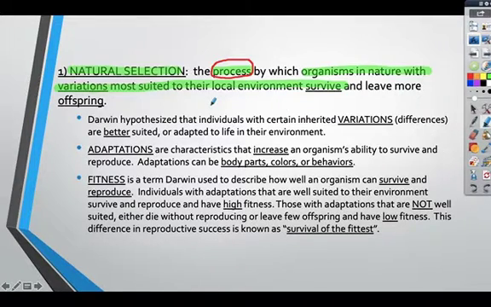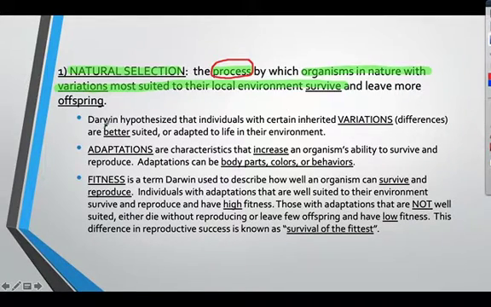Now, some things that go along with that: Darwin hypothesized that individuals with certain inherited variations, which just means differences, are going to be better suited or adapted to their life in their environment. If you look at all the squirrels in an area, they are not all exactly alike. There are variations, there are differences.